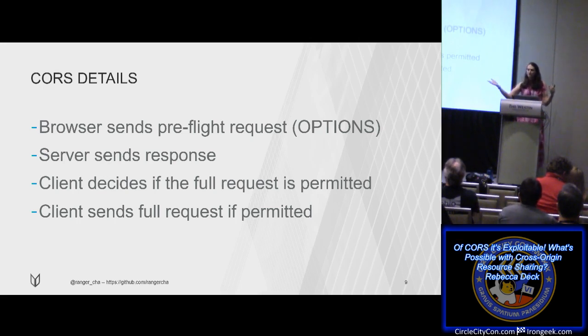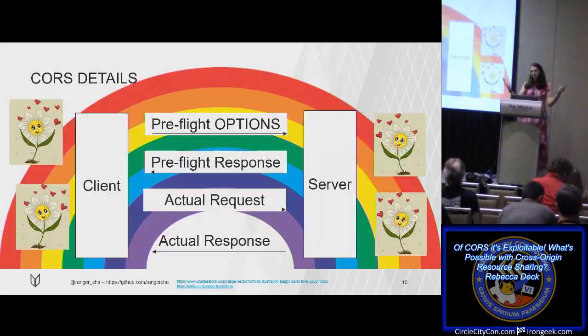So the general idea with CORS is I'm going to write this web page, and it's going to tell your browser, hey, send this pre-flight request, right? So go and ask this other server what you're allowed to do. The server will tell you what you're allowed to do, and then the client will make that decision, and then it goes ahead and sends its request. So here's kind of a daisies and rainbows picture of how this works, right?